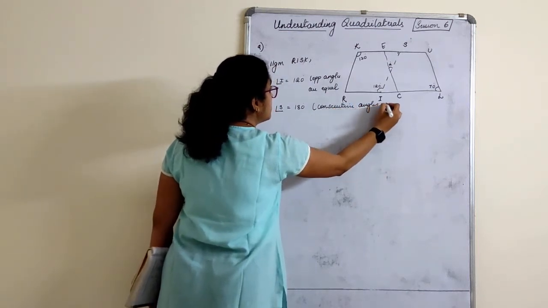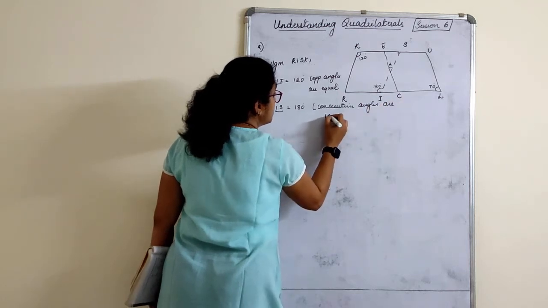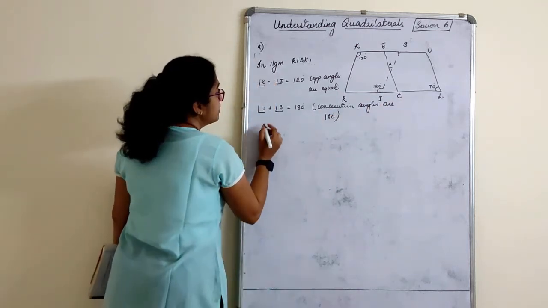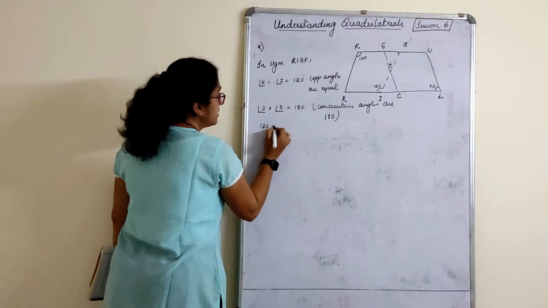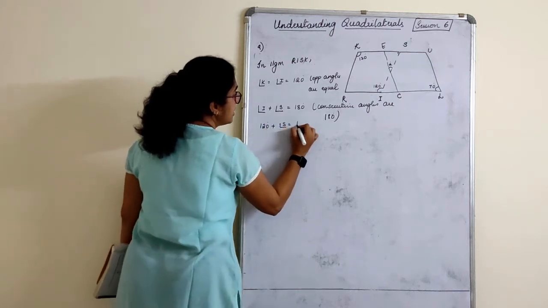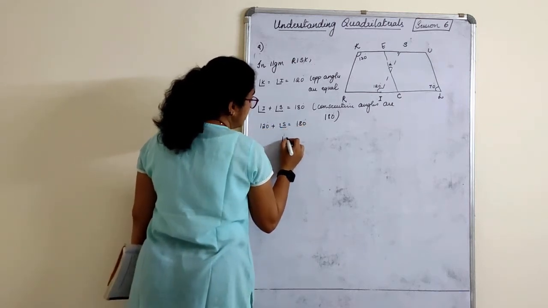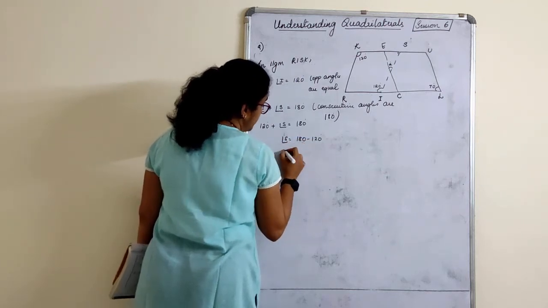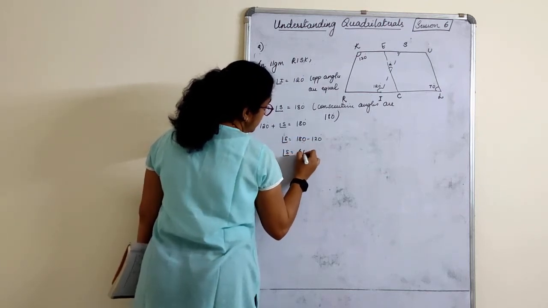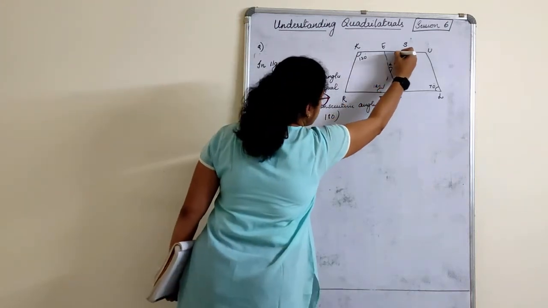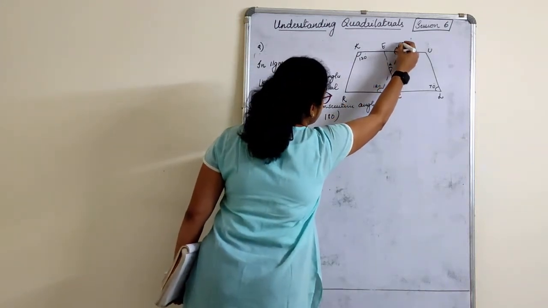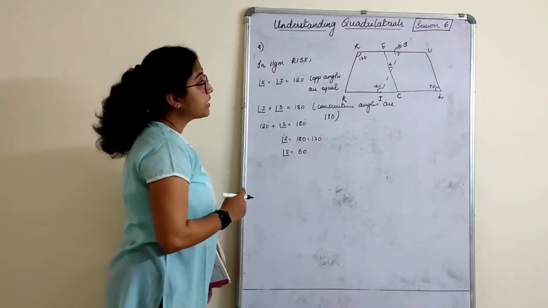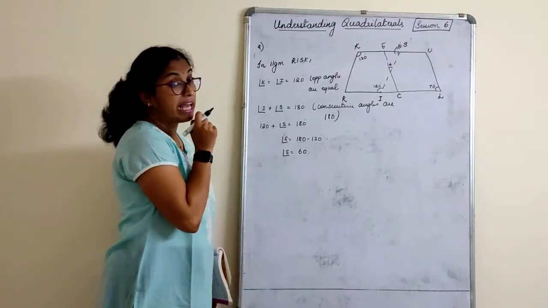So angle I is 120 plus angle S is equal to 180. Angle S is equal to 180 minus 120. Angle S is equal to 60. This is 60, children. Okay. See, to find angle x I can use the angle sum property.